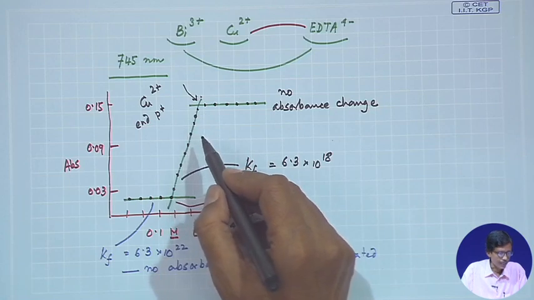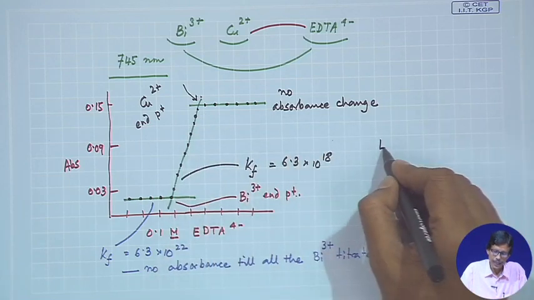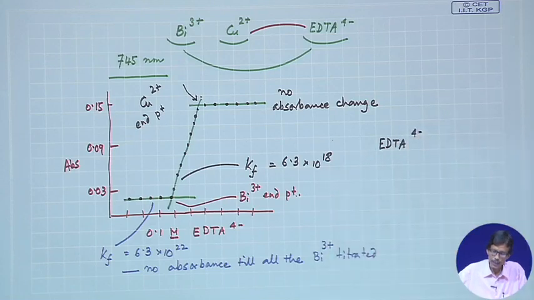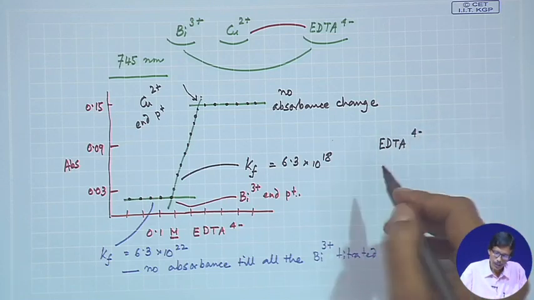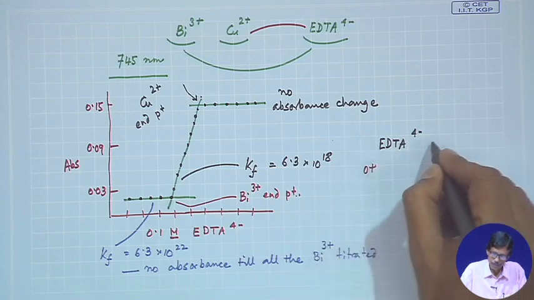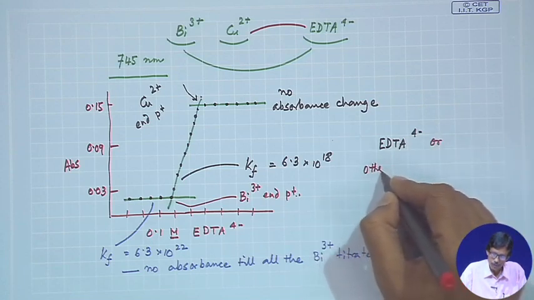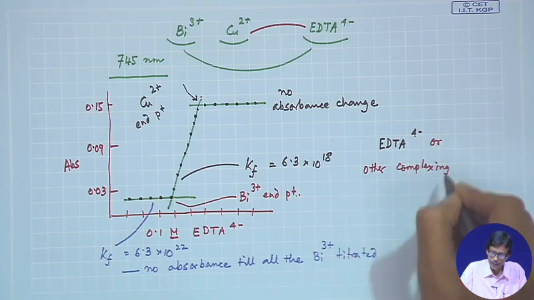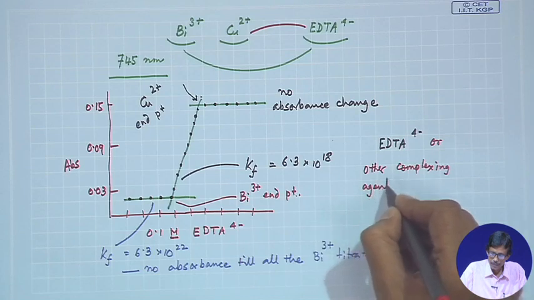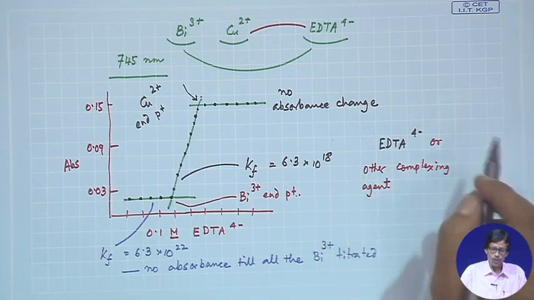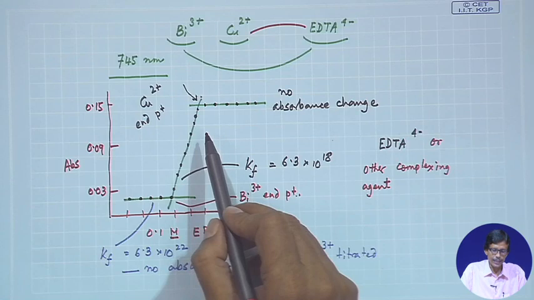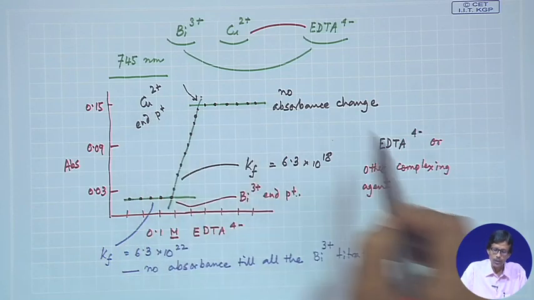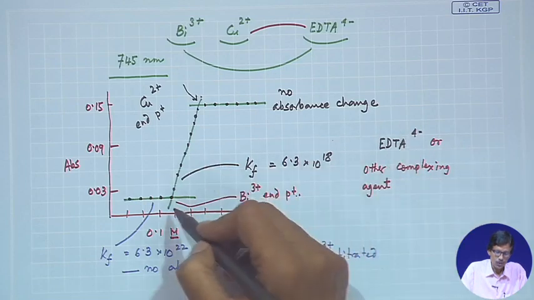So, this way we get the information that a typical reagent such as EDTA 4 minus, or another complexing agent, can be used for these photometric titration reactions, and in one of the cases, the metal ion with the EDTA complexation should absorb.